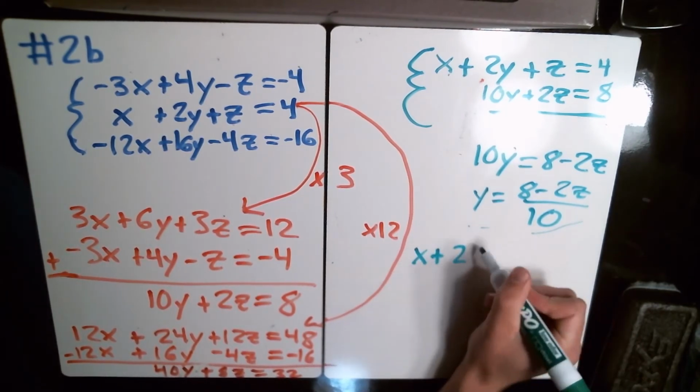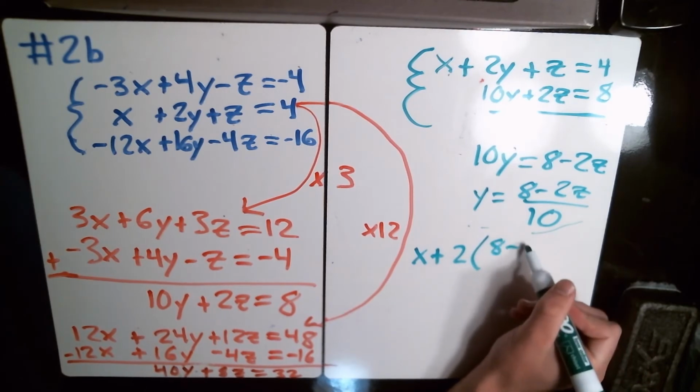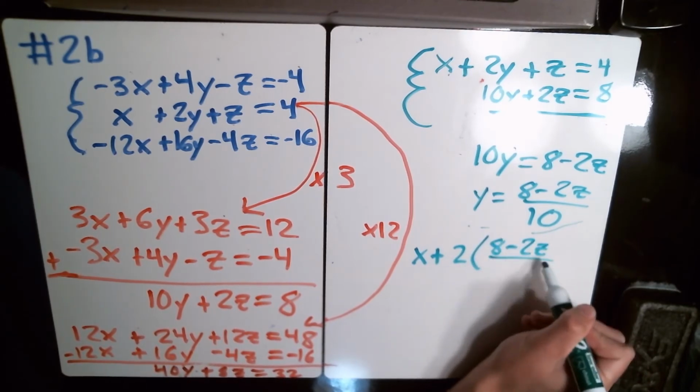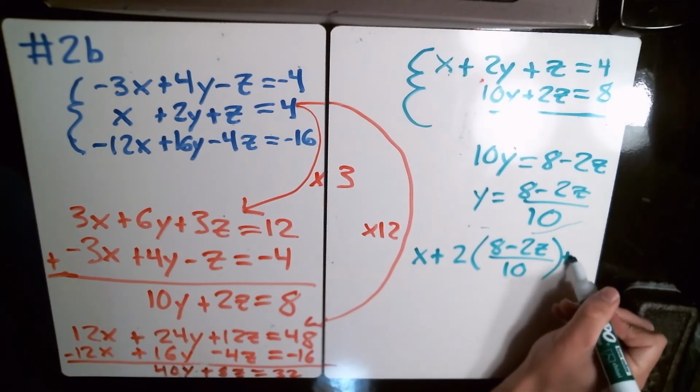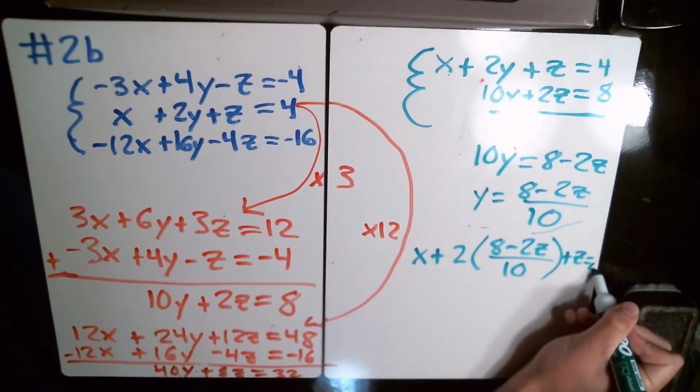So we get 2 times 8 minus 2z over 10, just plugging that in for y, plus z is 4.